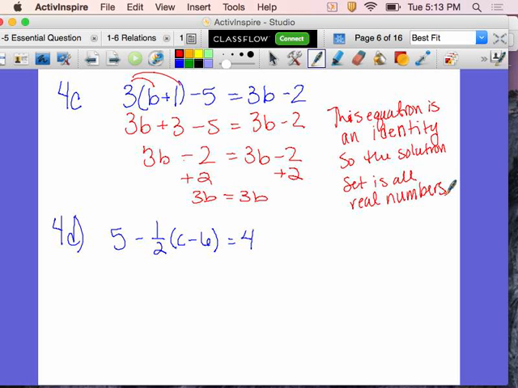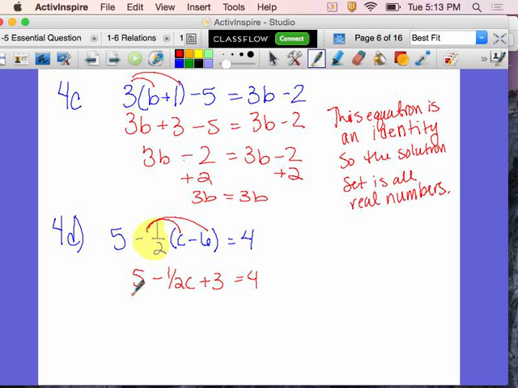Okay, 4D. So here's one of those problems where you run across that negative and distributive property that can be hiding. So make sure you distributed a negative half to both parts. So 5 minus half times c, and then half of 6, so that'd be positive 3 equals 4.